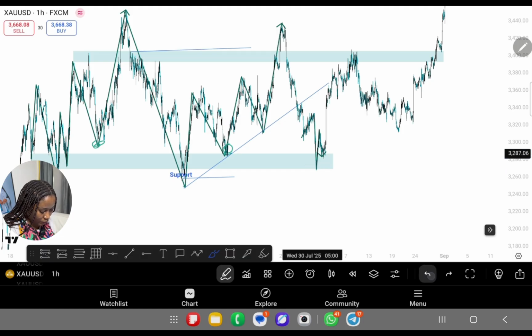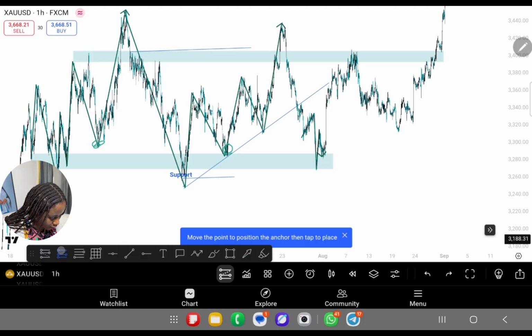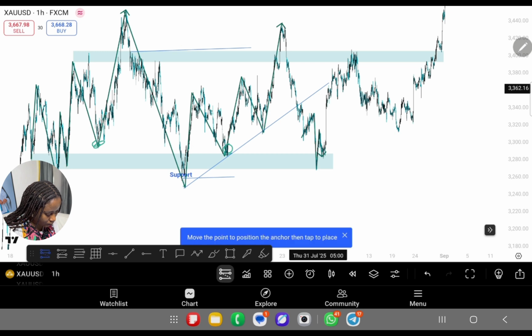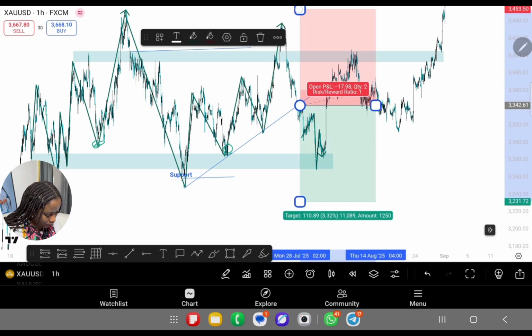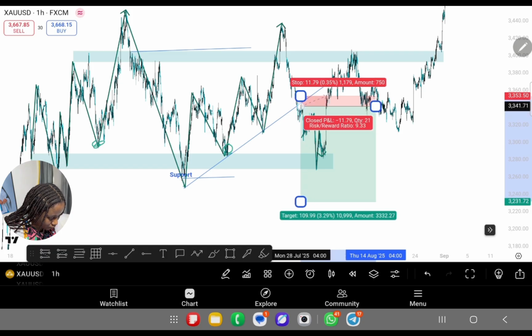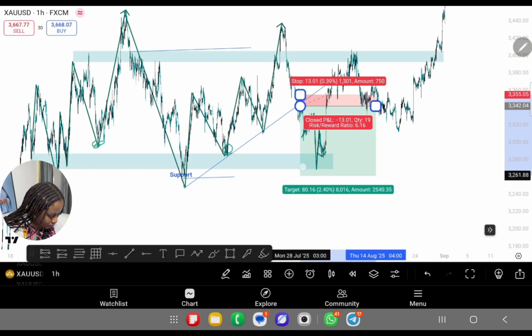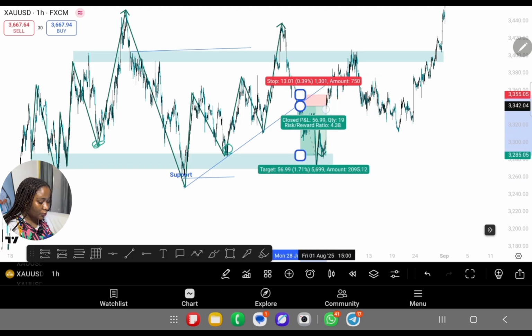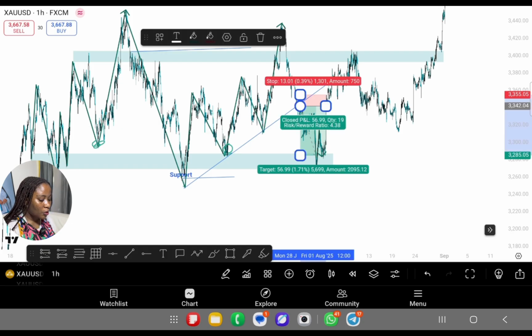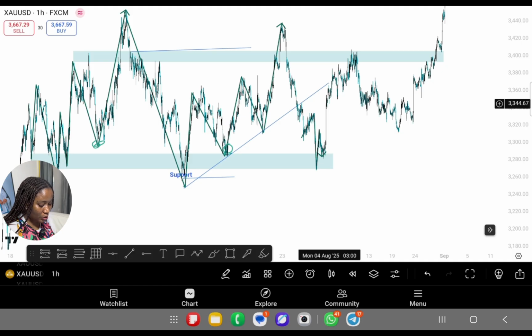That means if you were to trade this, you would have used the candle that broke out, put your stop low after that candle, and then target this support. This is 1 to 4 RR. Very easy, very neat to use. So those are different ways that you can trade support and resistance.